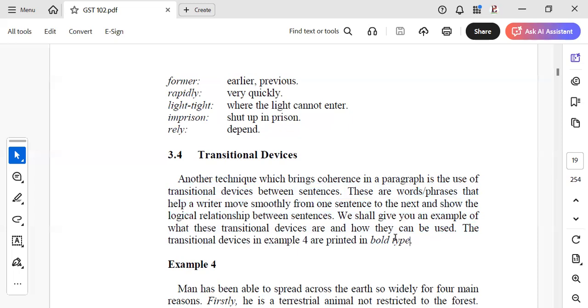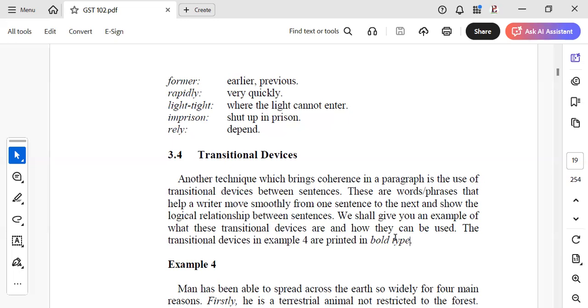The next thing is that you must use transitional devices. While you are talking about idea one, maybe you have four ideas you want to pass on using some sentences, to attach them to each other. You need transitional devices to move from idea one to idea two. You cannot just finish idea one and go straight and start idea two.